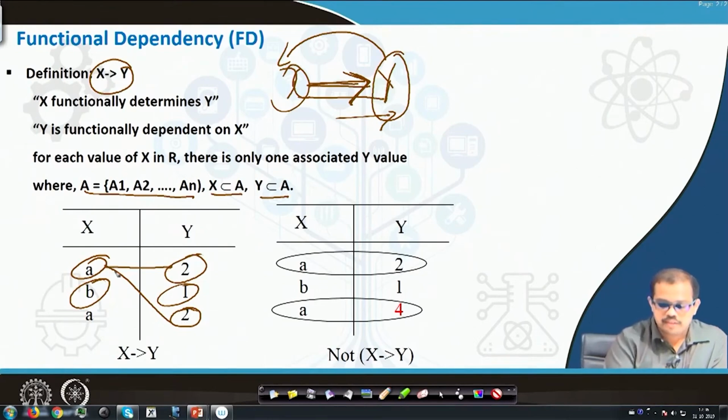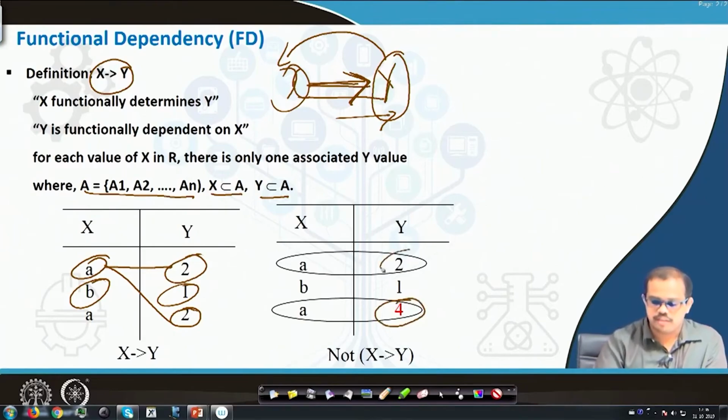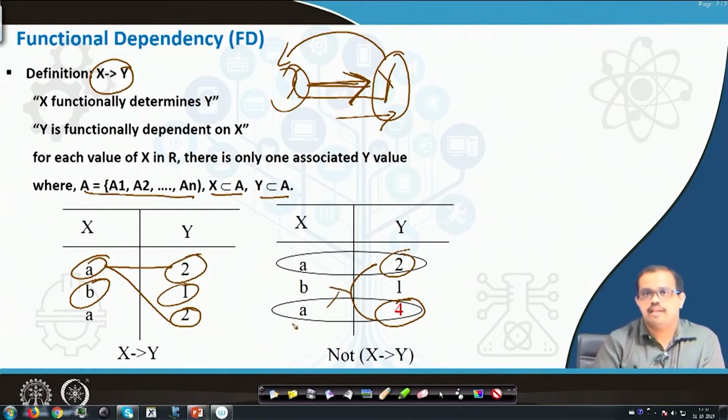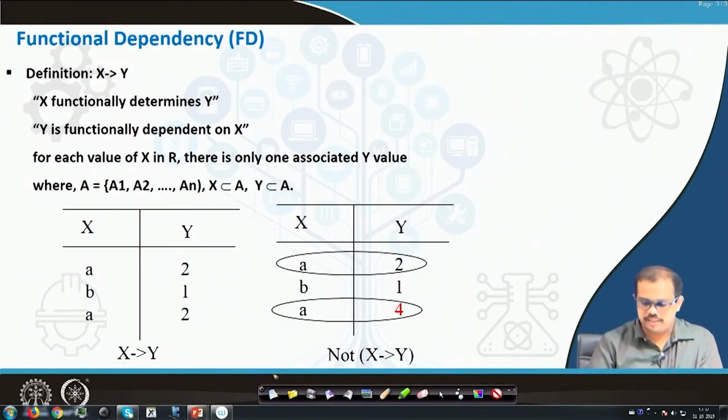So, y is functionally dependent on x. But when you look at this, this particular value is 4 and this particular value is 2. You cannot have such dependency for a single particular attribute. So, it is functionally not dependent on x. It cannot be determined. So, this is about functional dependency.